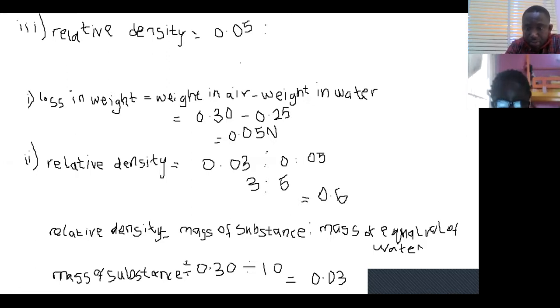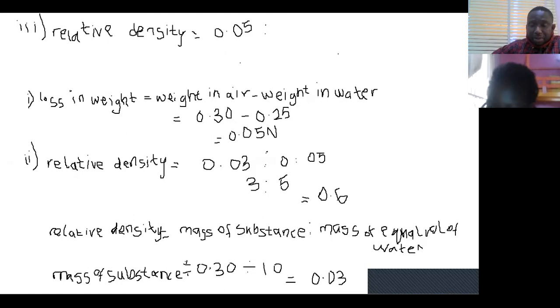Yes. Okay. Now, actually, what I said is this: for us to calculate the relative density of the liquid, what we must understand is that relative density is the upthrust of the liquid over the upthrust in water.